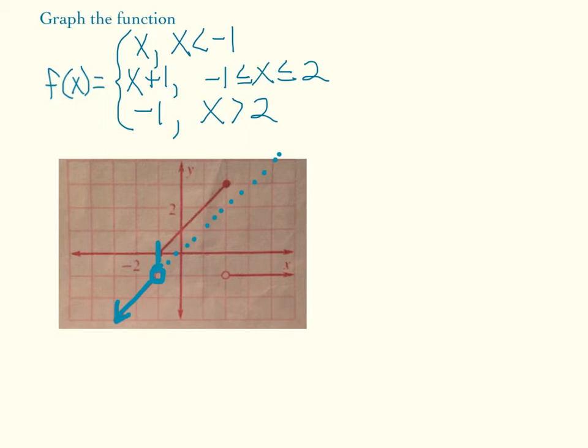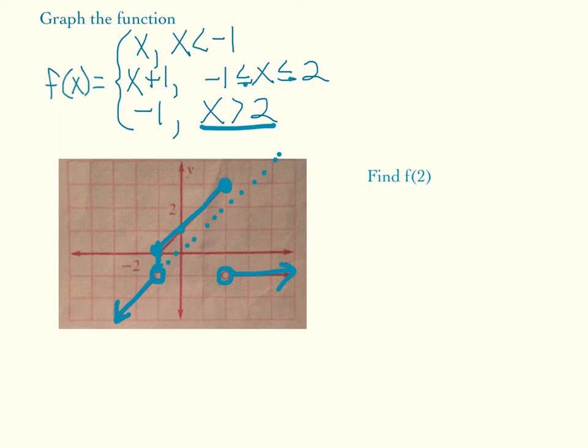The second part of the function is the line y equals x plus 1, so that one has a y-intercept of 1 and a slope of 1. But we're stopping the left end at negative 1 for x and the right end when x is 2. Closed circles on both of those because of the equal to. And then y equals negative 1 is just a horizontal line, but we're starting at x equals 2 and going on to the right with an open circle here.